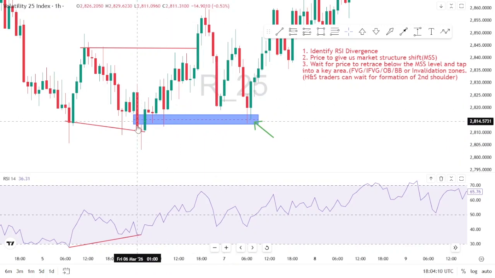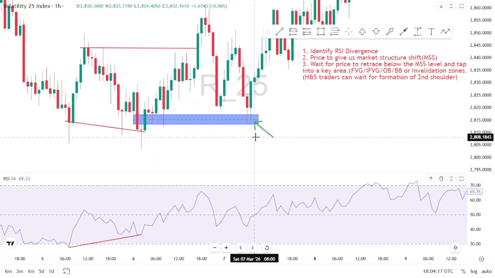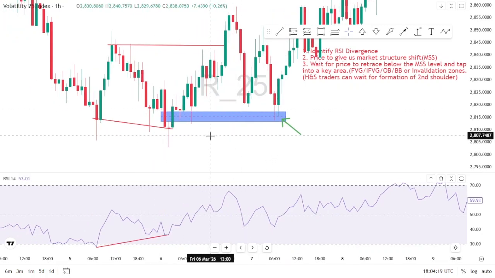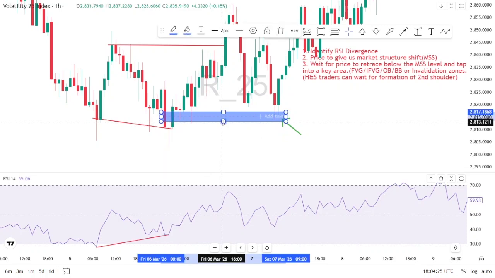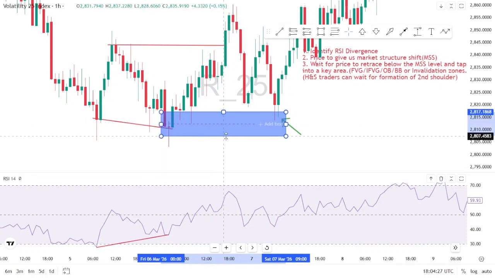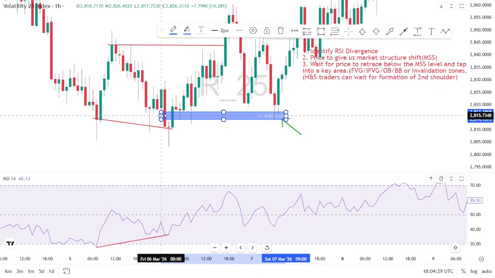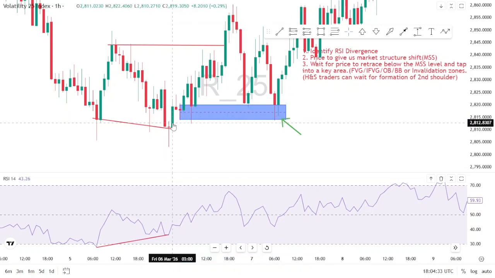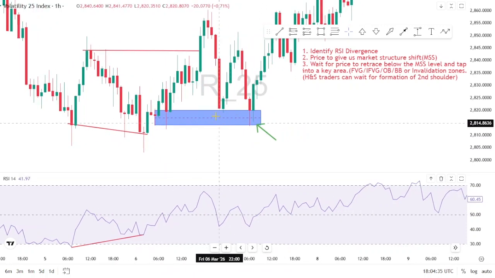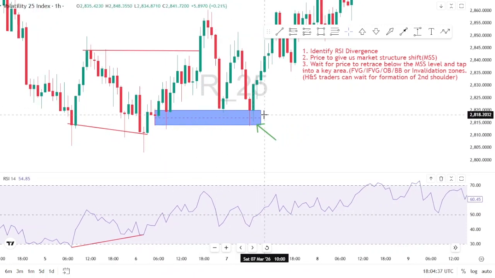You have this inverted fair value gap, which is in the same area as this fair value gap. Price tapped into it. We also have, did price come to this order block? We can say, yeah, this is an order block, and also this one here is an order block, a bullish order block. You can see price tapped into it.